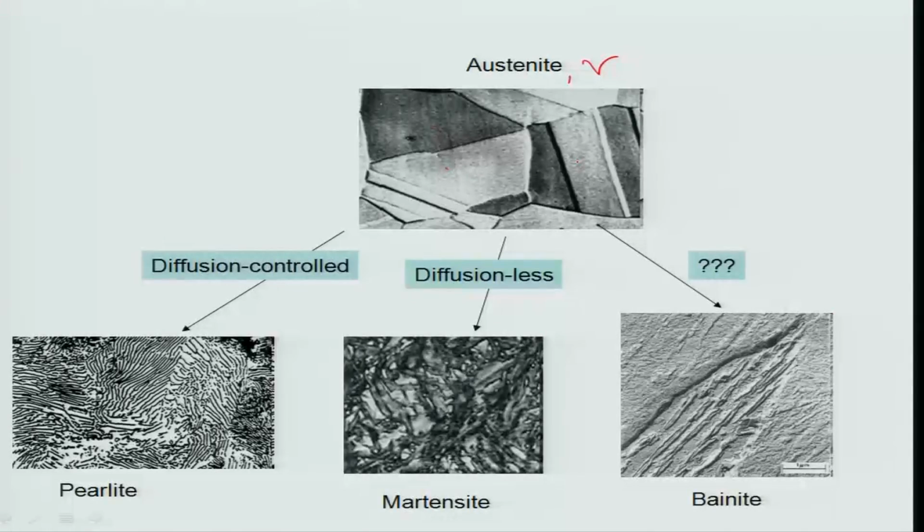Suppose you take a sample of gamma, which is austenite, and from that austenitic phase you drop it into a bucket full of water, it will get quenched, like you quench your thirst on a hot summer day. Similarly this sample also will get quenched in water. What is the meaning of quenching?